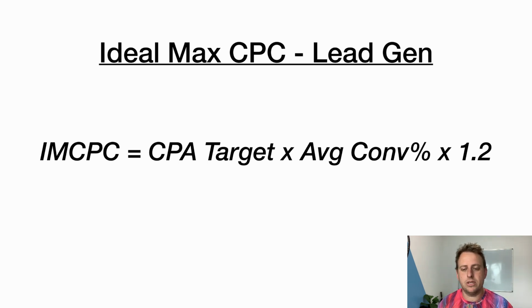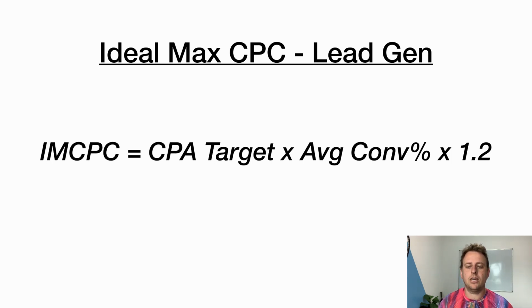Well, your ideal max CPC in this scenario is your cost per acquisition target. Remember we talked about how you work out your cost per acquisition earlier, times your average conversion rate times 1.2. So once again, we talked about working out your conversion rate.